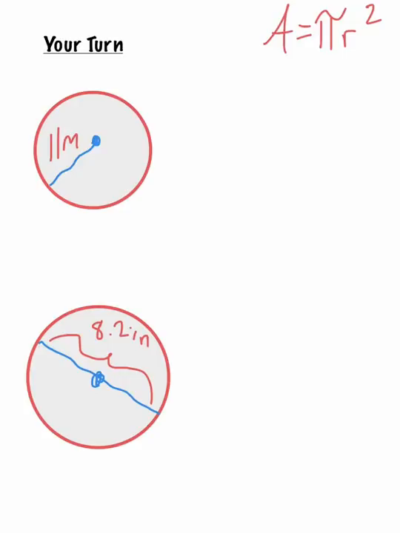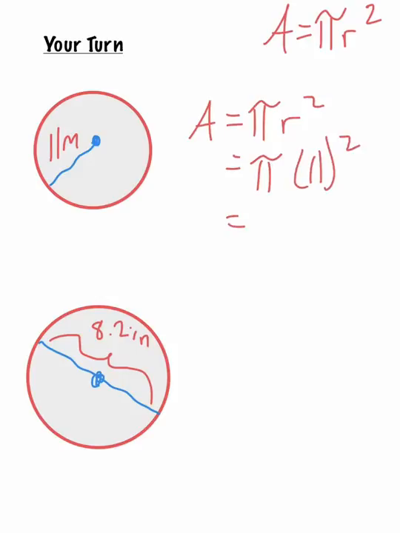Alright, so from here, it looks like the first one we have a circle with a radius of 11 meters. So from here we use area equals pi times the radius squared. Take the radius of 11 and just plug it into the equation. So from here we do 11 squared. 11 squared is 121.